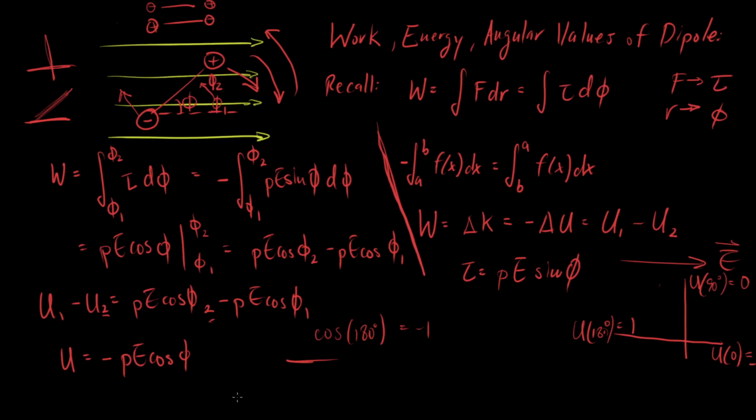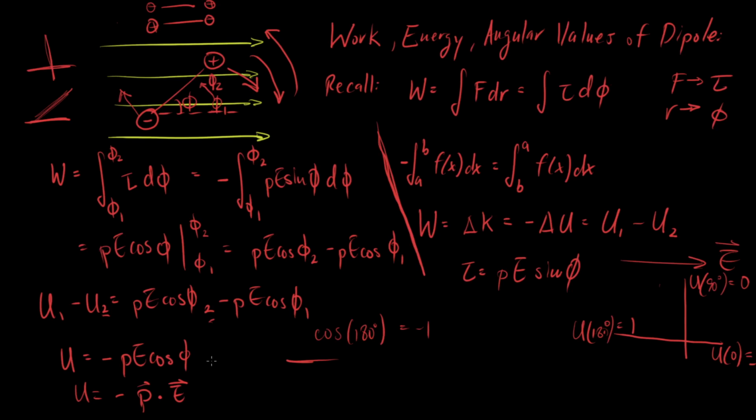So now, tangentially to this, we notice that it's PE cosine theta, which looks very similar to our ideas of dot product. And that is just it. The potential energy is equal to the negative dipole moment vector dotted with the electric field vector.